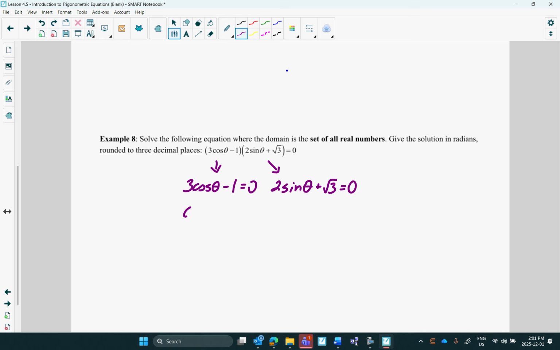Well, what would cos theta equal here? 1 over 3. That's not a unit circle value, so I have to go the long way. This one would work out to sine theta equals negative root 3 over 2, which is a unit circle value, so I can find the answers directly.